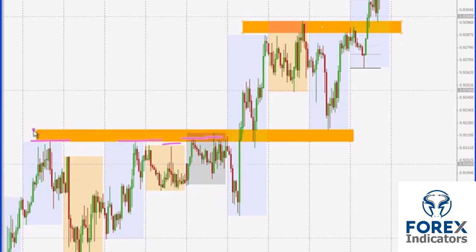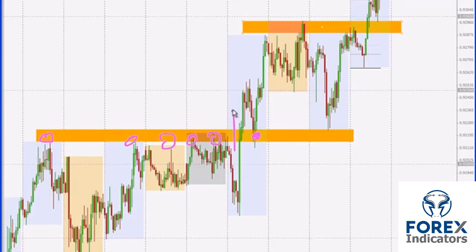Certainly a heavy area of resistance around 0.9220 more or less. Then that level got broken, and price came back down to retest that level from above, right? So price came back down to retest that level, and we indeed found support of this area once again.